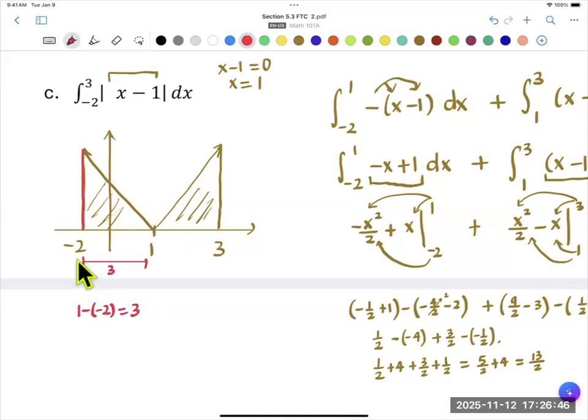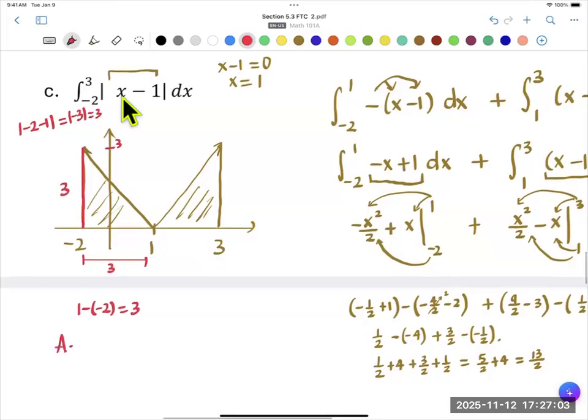When my x is -2, I put -2 in here, so I have -2 minus 1, which is -3, and that becomes +3. So the height here is 3. The area on the left side is 1/2 times 3 times 3, which is 9/2.